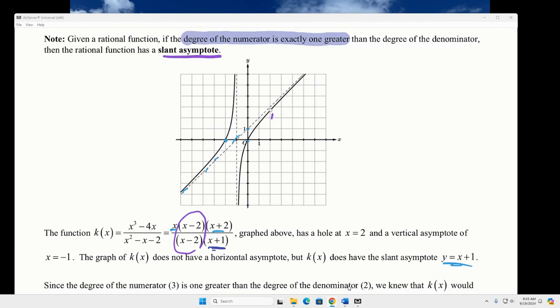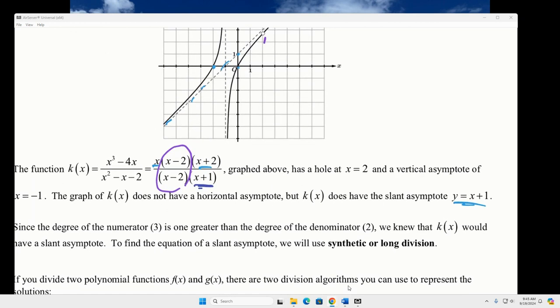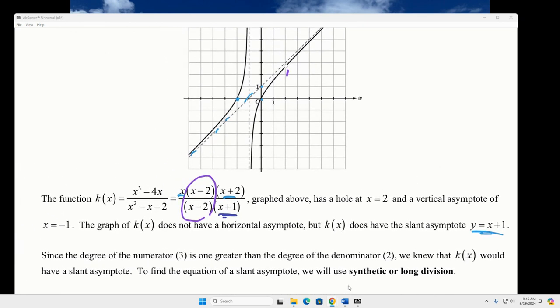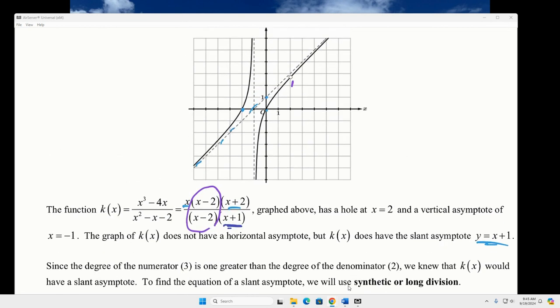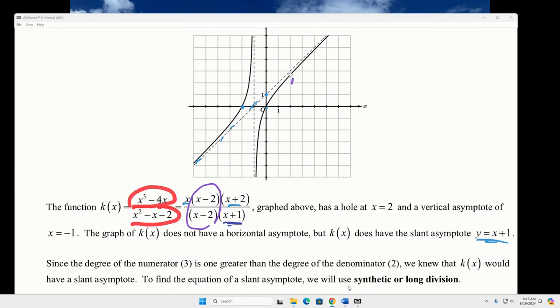The reason there is a slant asymptote is because the numerator degree is exactly 1 more than the denominator degree. To find it, and we're going to find one in a second, you divide the numerator by the denominator, and you end up getting x plus 1. That's the equation of the slant asymptote.